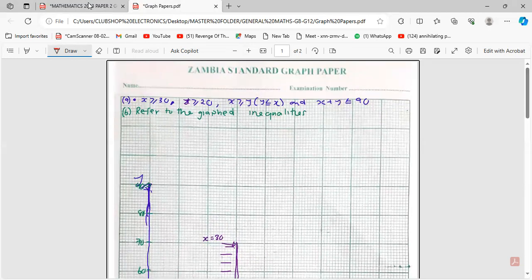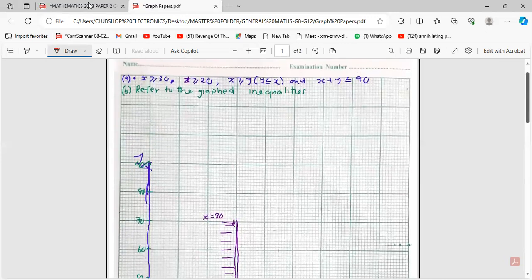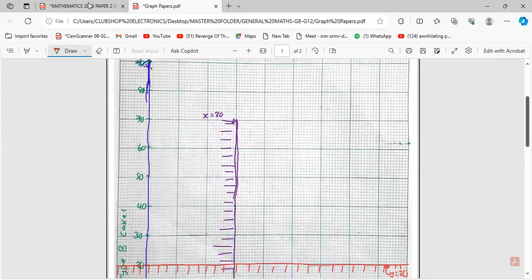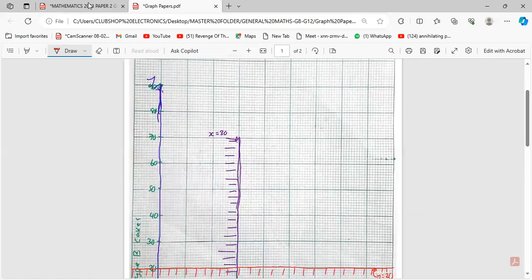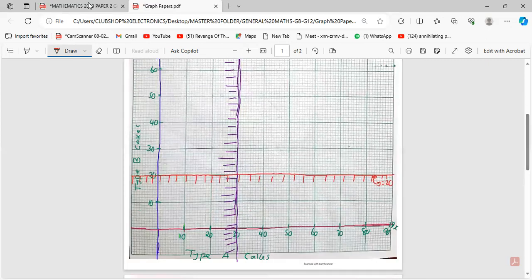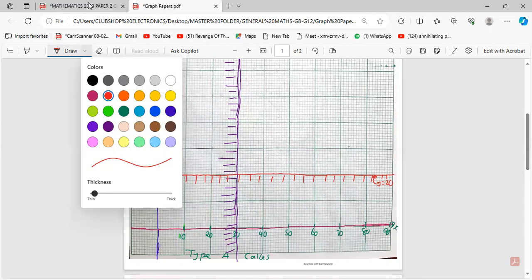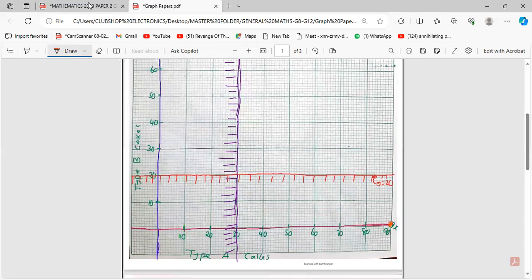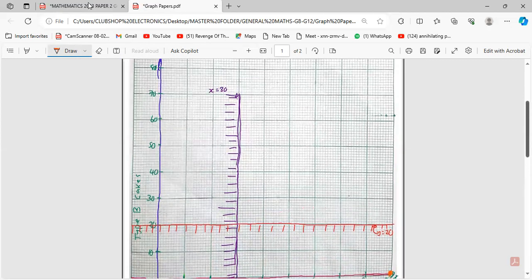So for this one, because the coefficients of x and y are both 1, there's no need to make the table of values. Just go straight and mark 90 on the x-axis. All right, you mark 90 on the x-axis, and you also mark 90 on the y-axis.